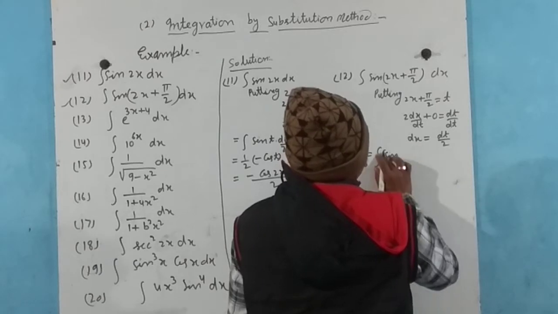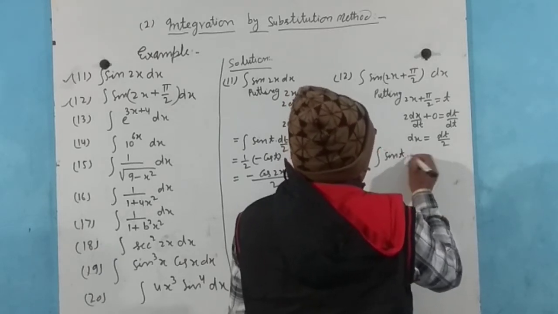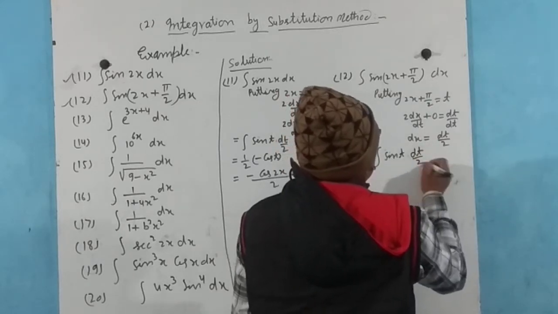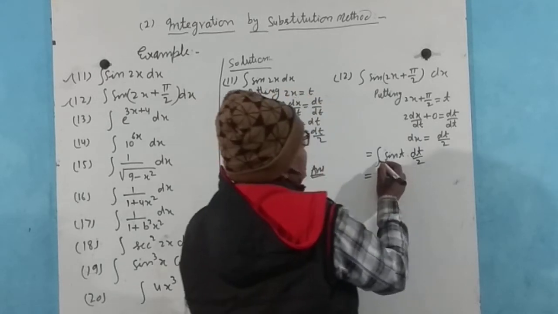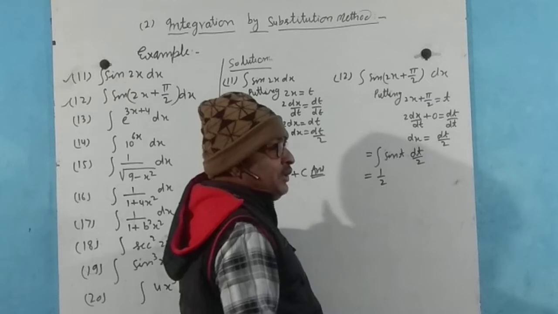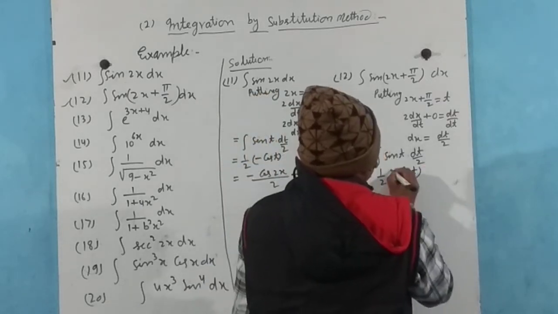In this case, this is equal to sin t and dx equal to dt by 2, so that 1 by 2 comes here, and integration of sin t dt, integration of this is minus cos t.